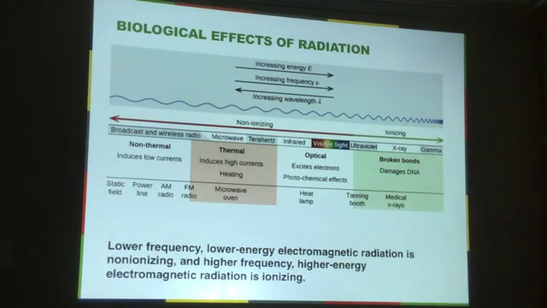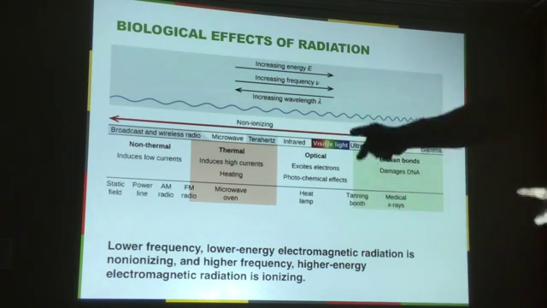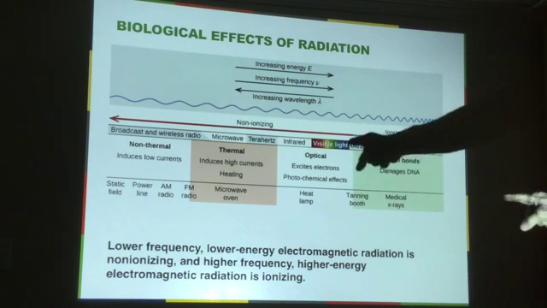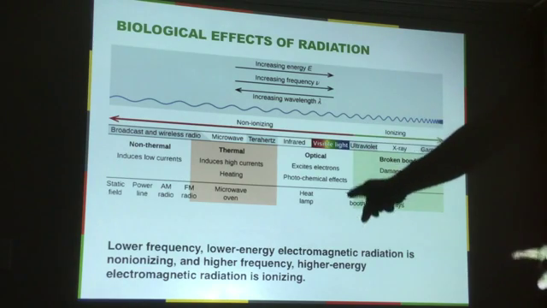This table shows you where the energy in the radiation reaches the point that it can cause ionization. It's right about here, where the division between visible light and ultraviolet light is, where the damage begins to occur.